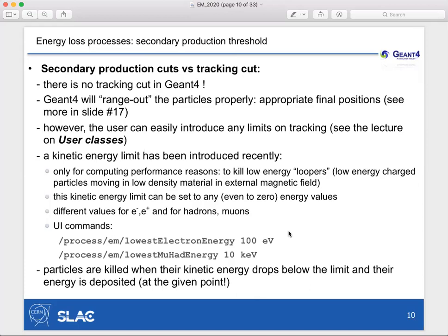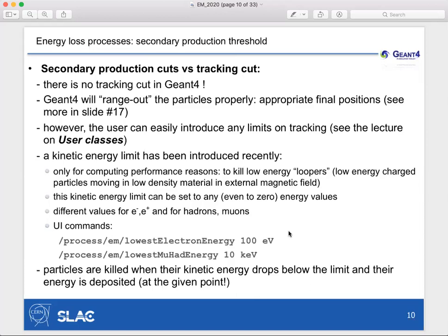Because introducing a tracking cut in energy could lead to this problem: you are somewhere in your detector and you introduce a 10 kilo electron volt tracking cut, and you stop the particle wherever you are and deposit the remaining energy of your particle, that is somewhere below 10 kilo electron volt.